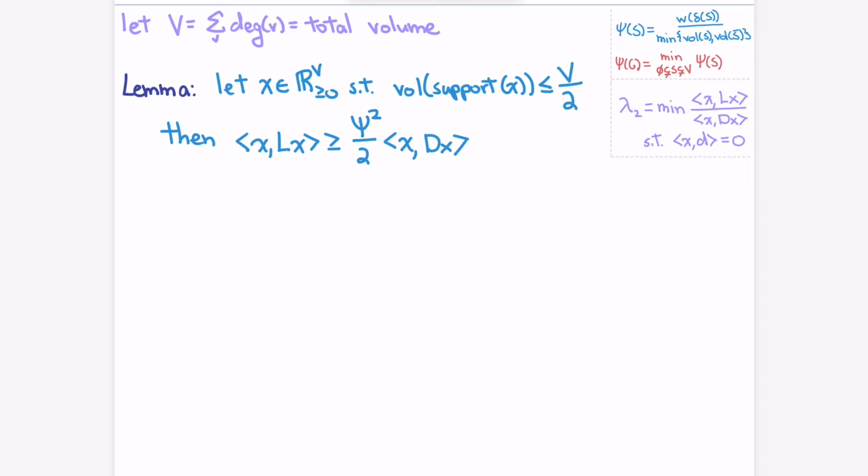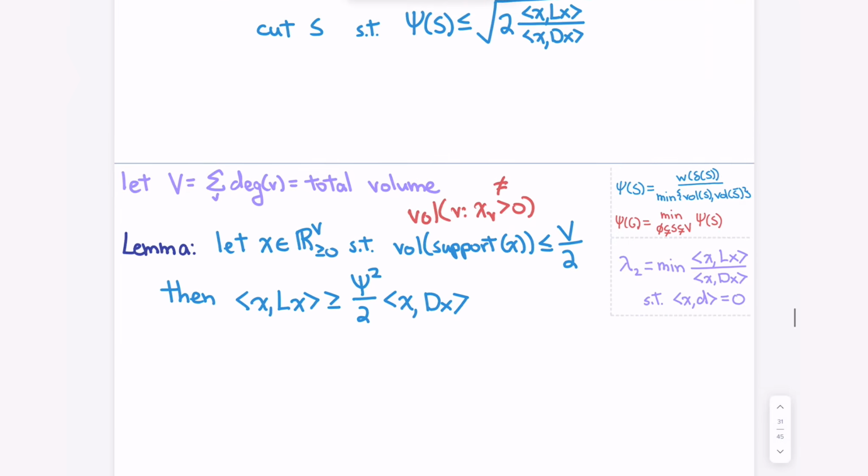All the vertices with non-zero value, which since it's non-negative also means strictly positive value. I could have written this as the volume of the set of vertices where x_v is greater than 0, which is the same as not equal to 0 because it's non-negative. What does that look like? You have some value at 0, and this goes off to some large number.